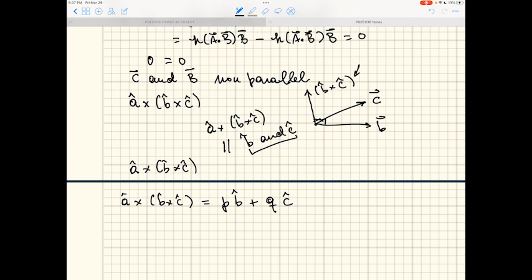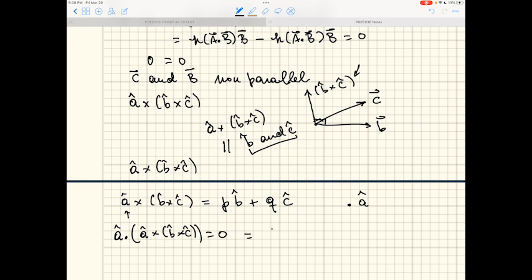that we can have, okay? Now, if we make a dot product of both terms with A, we're going to have a 0 on the left-hand side because it's going to be A cross a vector that's orthogonal to A. So A dot A cross B cross C equals 0.